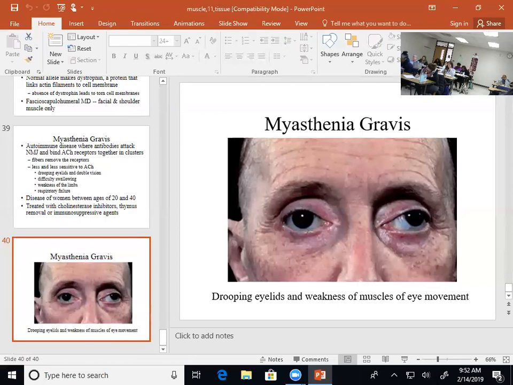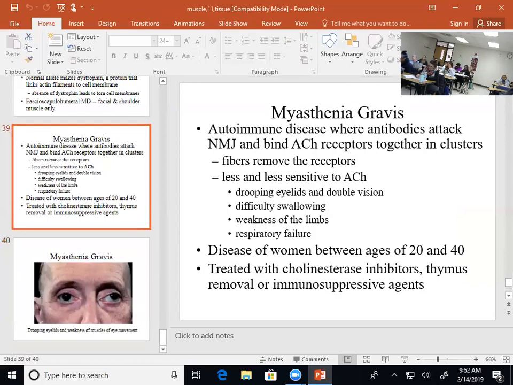Here's what I want you to know. There are a lot of people, and again, this is a disease that, like a lot of autoimmune diseases, affects more women than men. And typically, diagnosis is between the 20s and 40s. That doesn't mean that you can't see others outside this group, but this is typical.